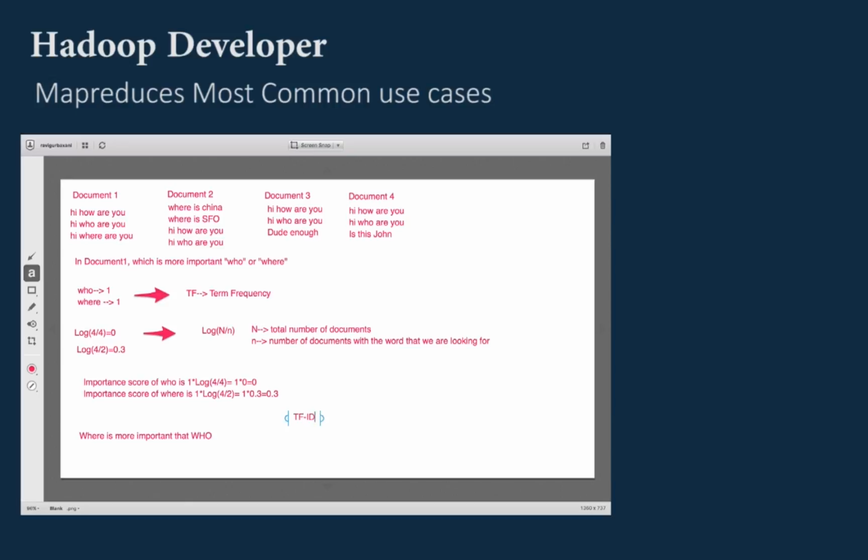So tfidf is nothing but term frequency multiplied by IDF.